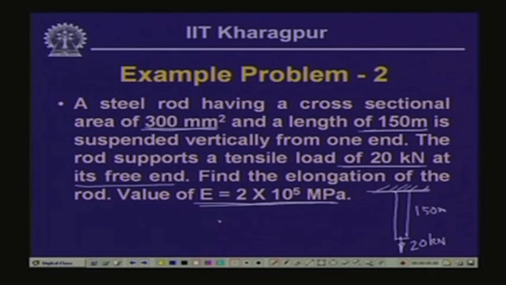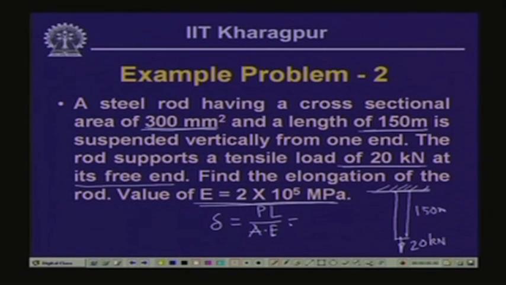Now, here as we have seen, the deformation delta is equal to PL divided by AE, where P is the axial pull acting in the bar, L is the length of the bar, A is the cross sectional area of the member which is uniform here, and E is the modulus of elasticity of the material.